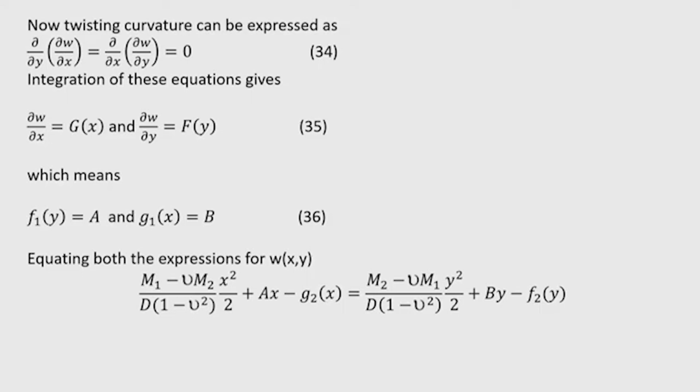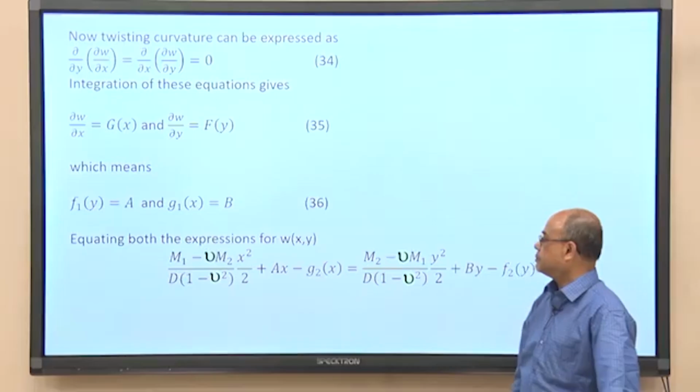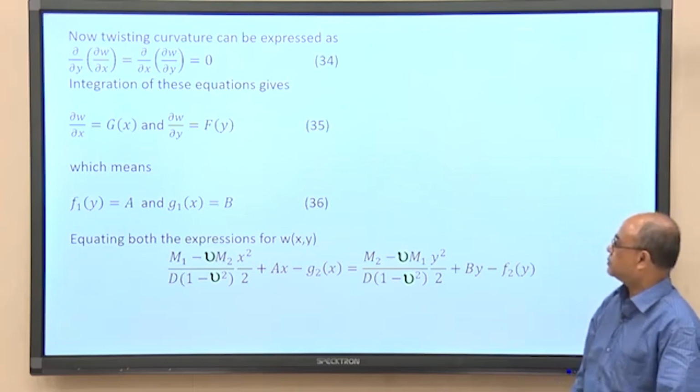So, I am getting a function of y as a constant, which means that if you compare with the earlier cases, you will get f 1 y is equal to constant and g 1 x is equal to constant. So, these constants I termed as a and b.